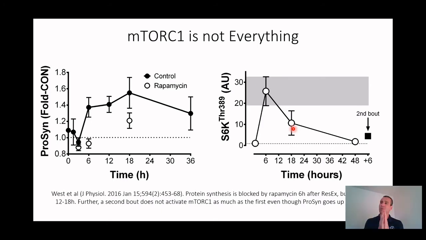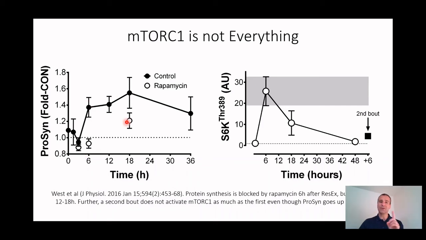I want to go back to the first thing we talked about, which is nuance, and that's that mTOR isn't everything. This is a paper that Dan West published a few years ago. If you treat with rapamycin and look at 5 or 6 hours, like Blake Rasmussen's group did, sure enough, you can block protein synthesis after resistance exercise using rapamycin.